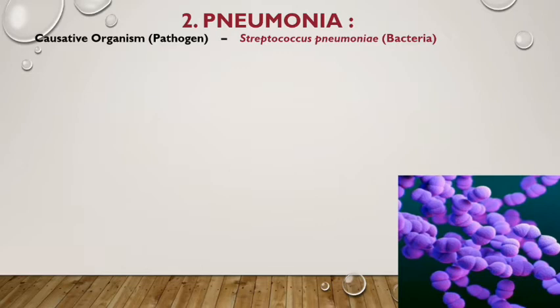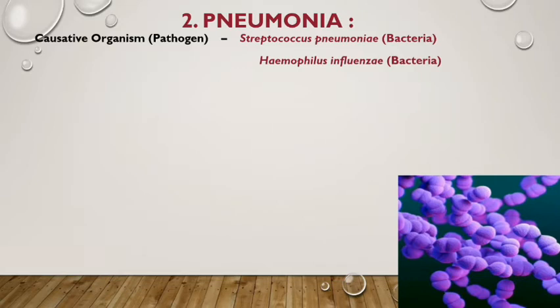Pneumonia is caused due to Streptococcus pneumoniae, and another organism is Haemophilus influenzae, which is also a bacterium. These two are the pathogens responsible for the disease pneumonia.